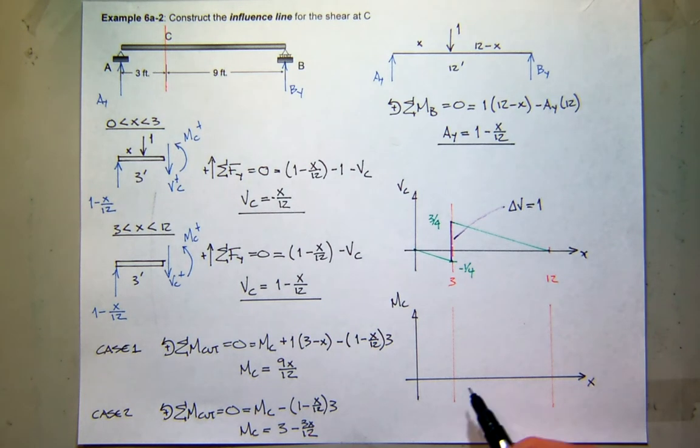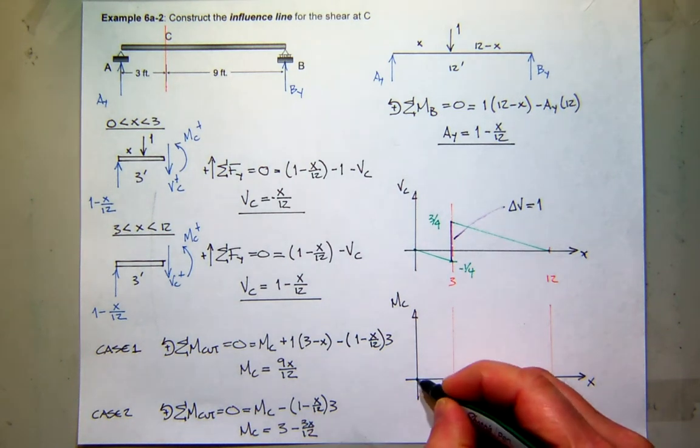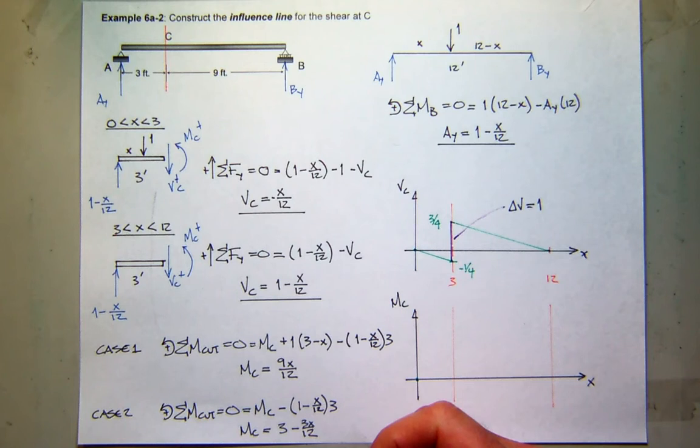So from 0 to 3, I'm going to plot this guy. So when x is equal to 0, what do I get? 0. When x is equal to 3, what do I get? 9 over 4? Yeah.